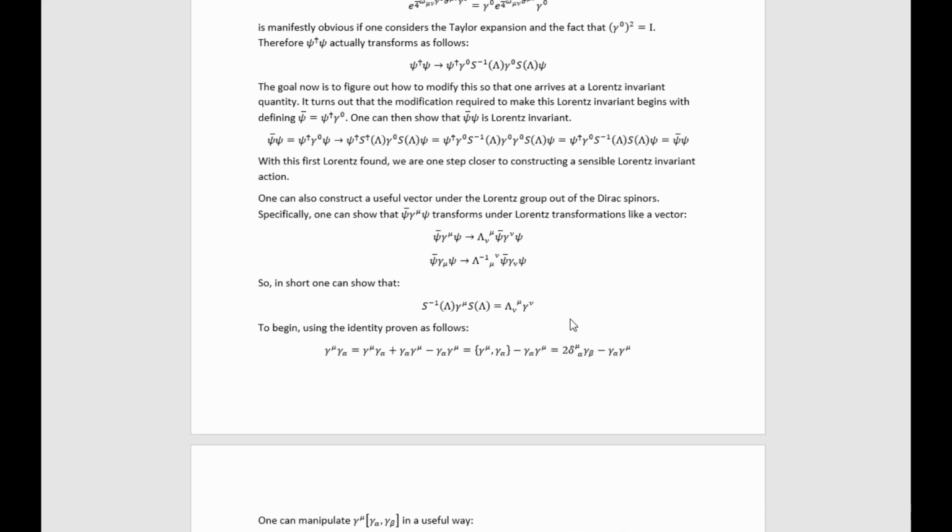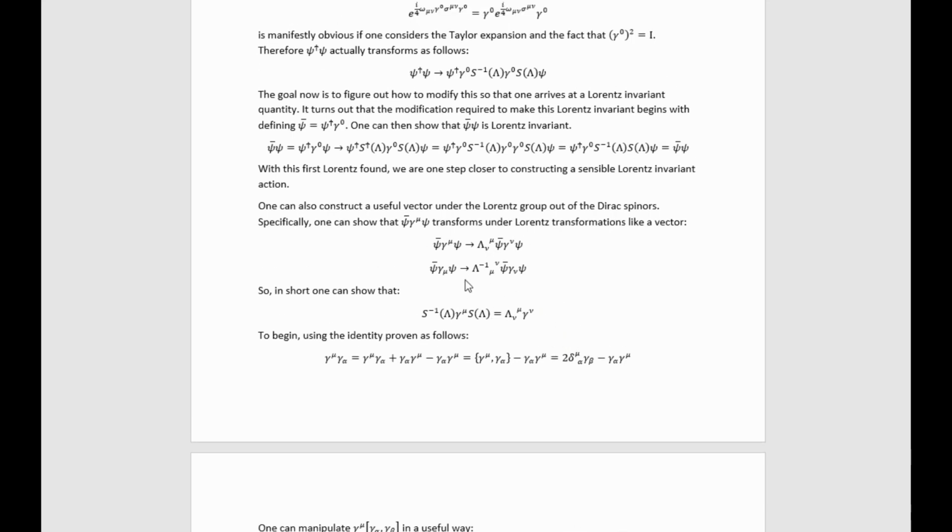And the reason why this is necessary for these to transform like vectors is because we already know how psi bar and psi transform, so we can transform this quantity. And then we see that in order for it to actually equal this gamma mu sandwiched between these two S, the lambdas have to have that value, otherwise these relations aren't valid.